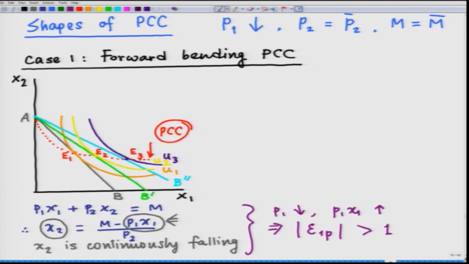So, that means we are working with an elastic demand function for good 1.